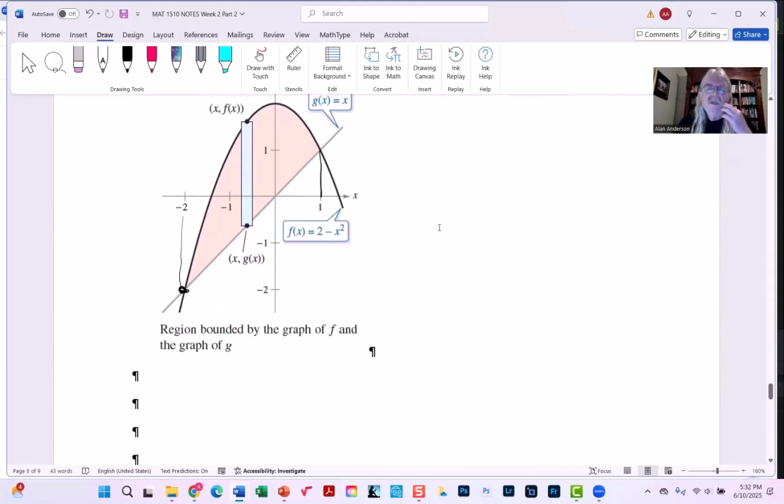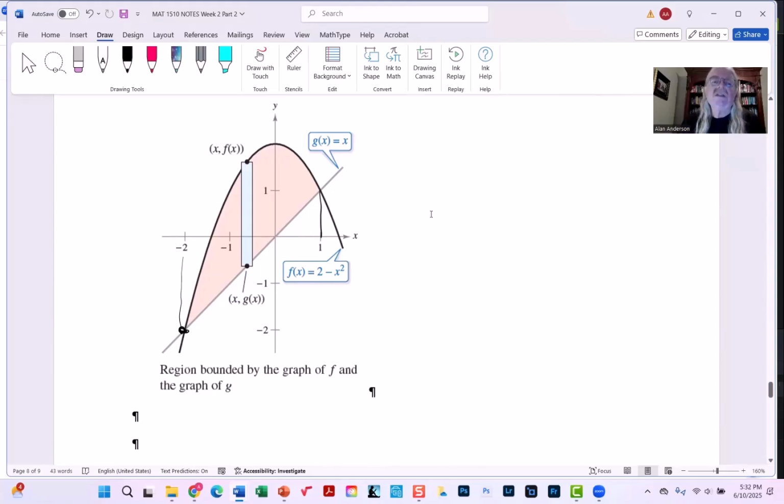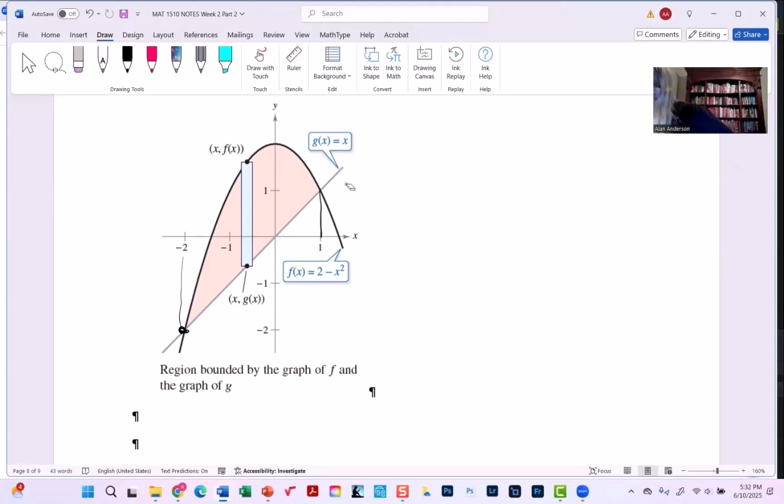Okay, so the only real difference here is that we do need to know where they do cross and use those as our limits of integration. So just from the curves themselves, you can see visually where they cross. But why don't we prove this algebraically by setting them equal to each other? So we have the straight line, g of x equals x. And then we have this quadratic function, f of x equals 2 minus x squared. So where do they cross? Well, let's just set these equal to each other.